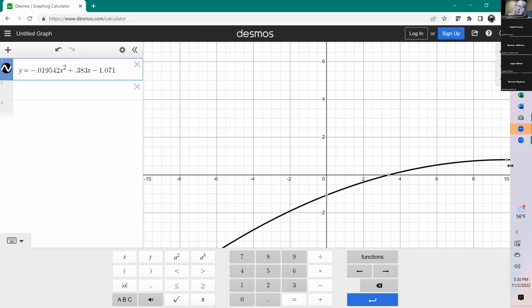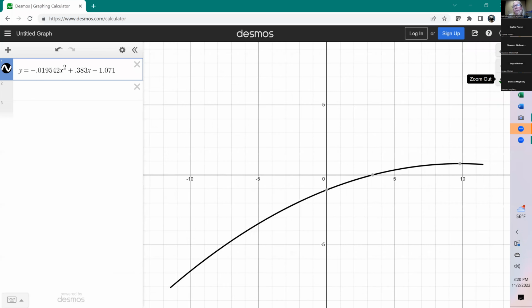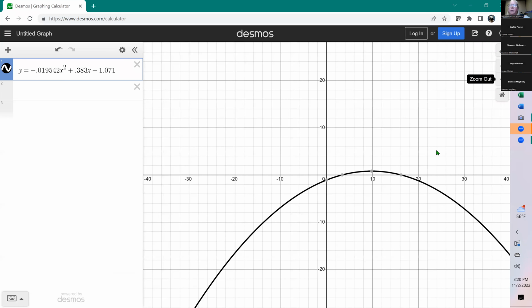Now notice we're not seeing where it's coming back down, so you could just zoom. There we go. And you want where it hits the x-axis, because that's where y is 0. So we have two answers: 3.379 and 16.22.